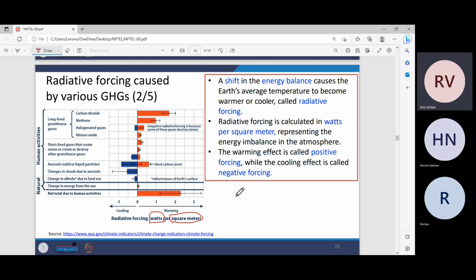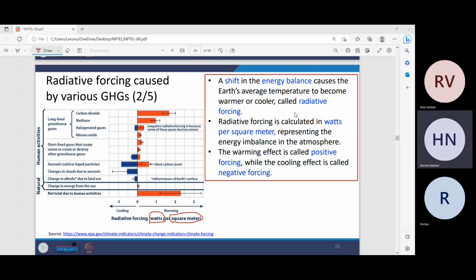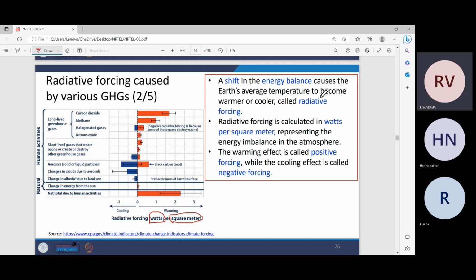Any other question? No, ma'am. So the heat energy is having the same unit as power, ma'am. Yeah, energy can be explained in terms of what?